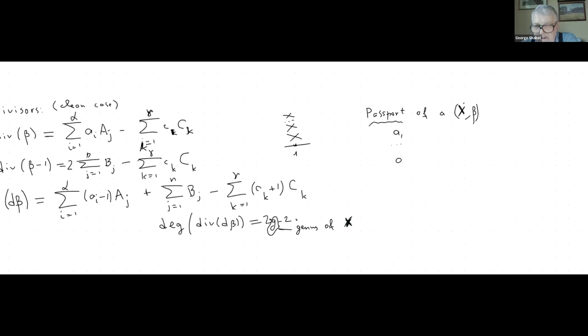I'll explain in a while why I prefer to write it vertically. a sub alpha, then 2's that in some cases can be replaced also by arbitrary numbers, and c sub 1, c sub gamma.